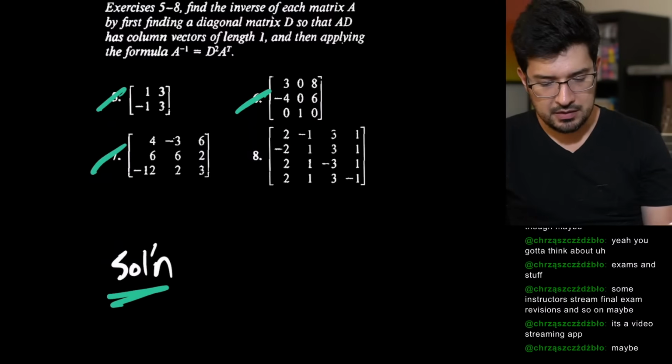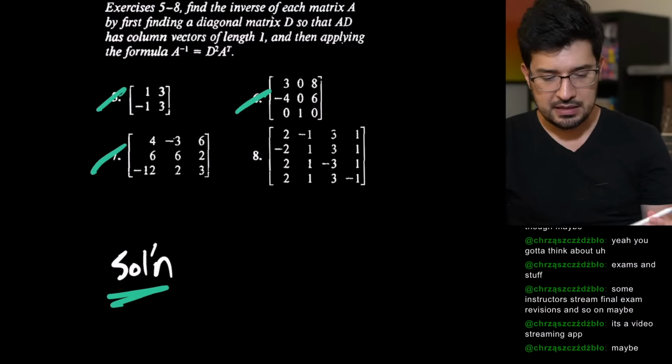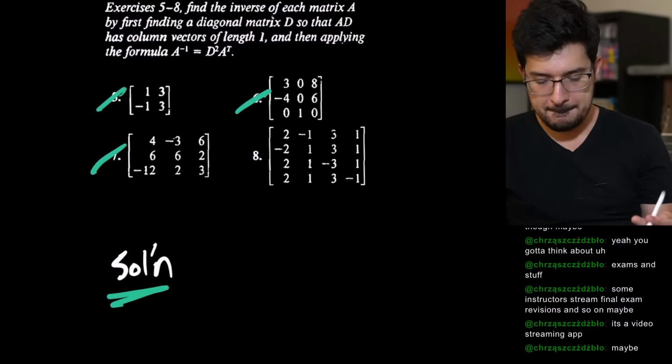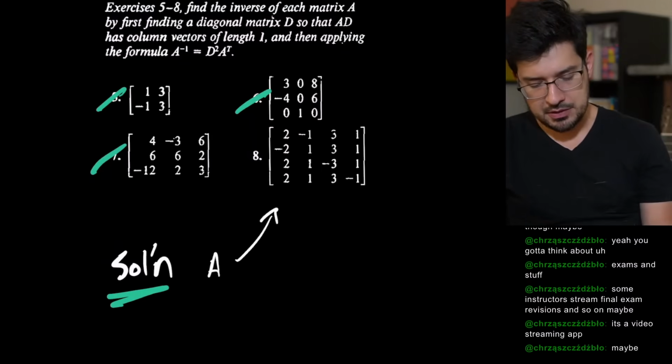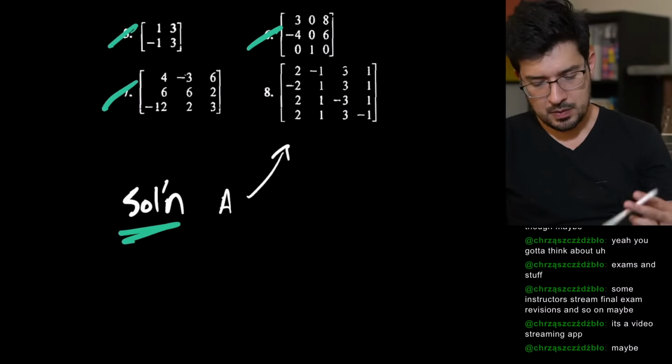Okay, so find the inverse of each matrix A by first finding a diagonal matrix D so that AD has column vectors of length 1, and then applying the formula. A is that matrix.